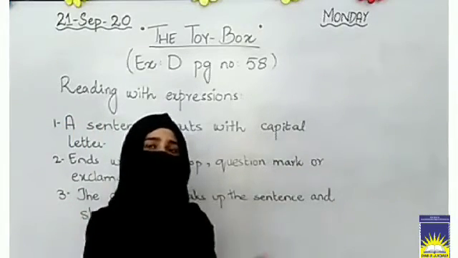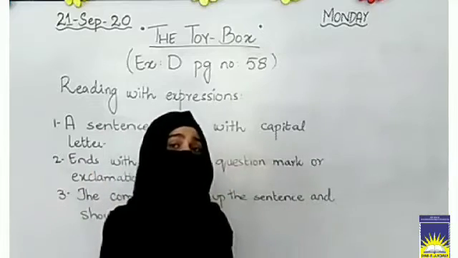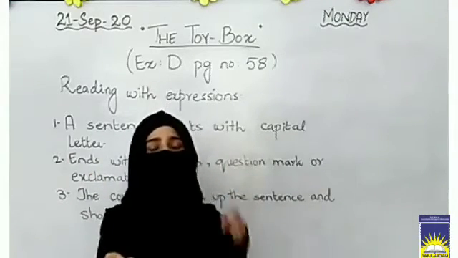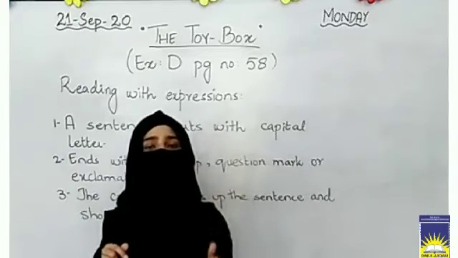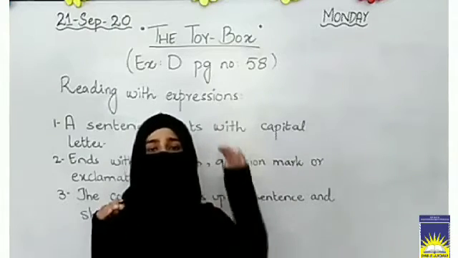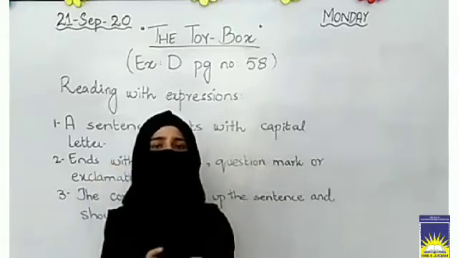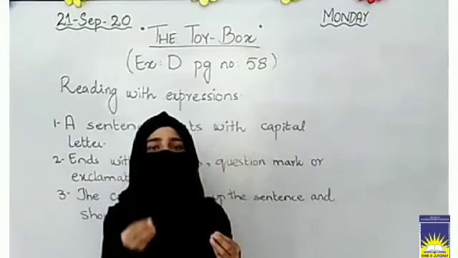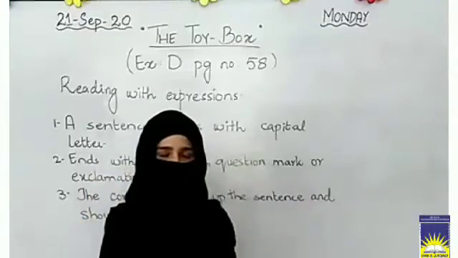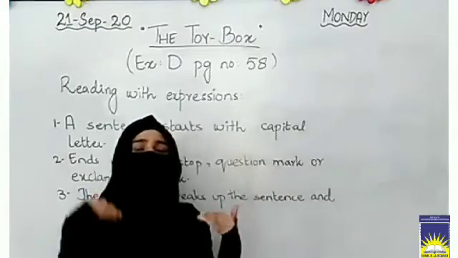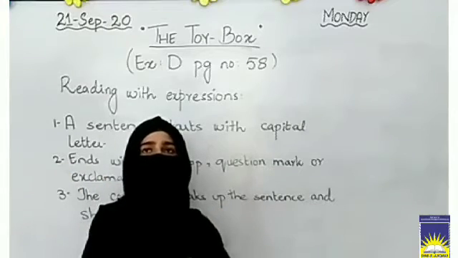Now, how will you give the expression in such sentences? As I have told you earlier, when there is a full stop at the end of the sentence, we make our voice slow down. And when there is a question mark, we show in our voice that we are asking something. We will change our intonation. And when it is an exclamation mark, we show it when we are reading.